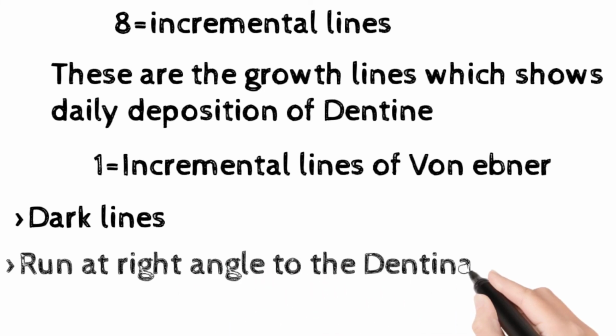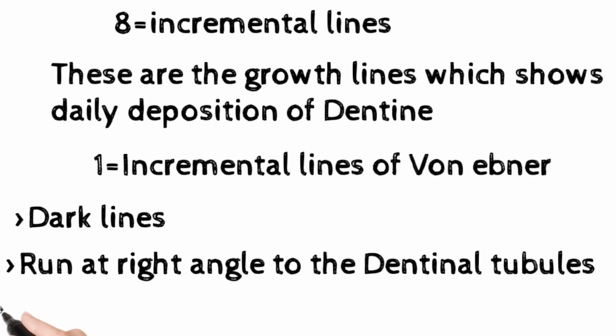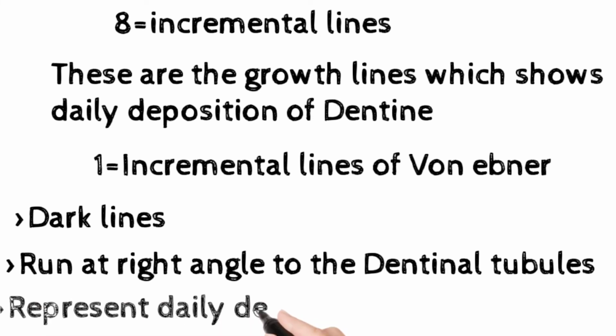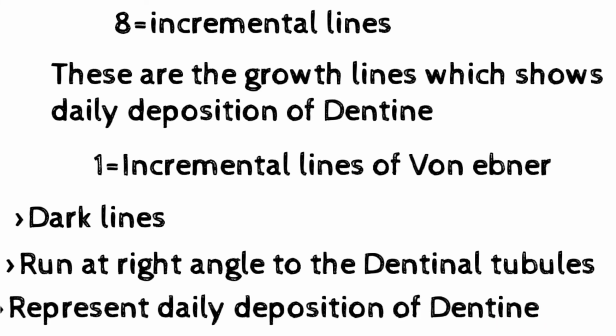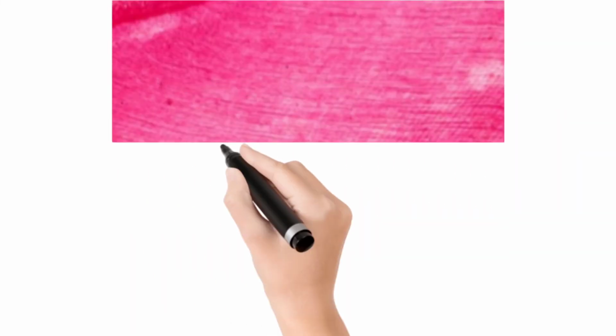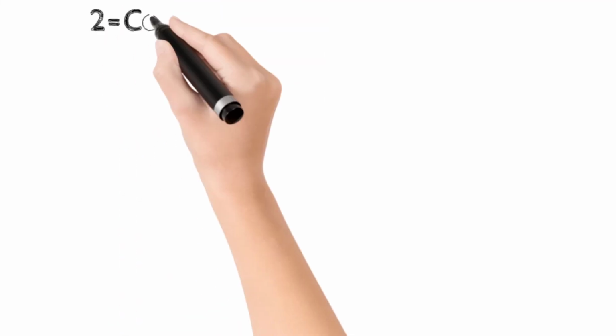Second, it is present at a right angle to the dentinal tubules. Next, it represents the daily deposition of dentine. Look at this diagram. There is a dark line shown by an arrow which is perpendicular to the dentinal tubule. This is the incremental line of von Ebner.